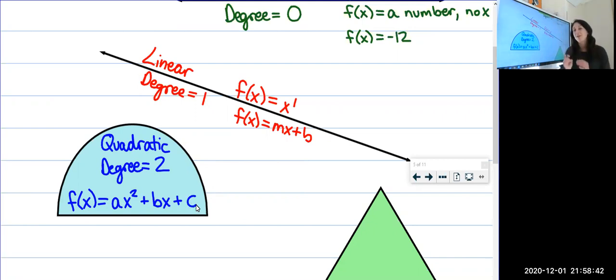But the minimum requirements, the absolute least amount that is needed here is just x squared. That's the lowest that we would need here. You have to have that degree of 2.